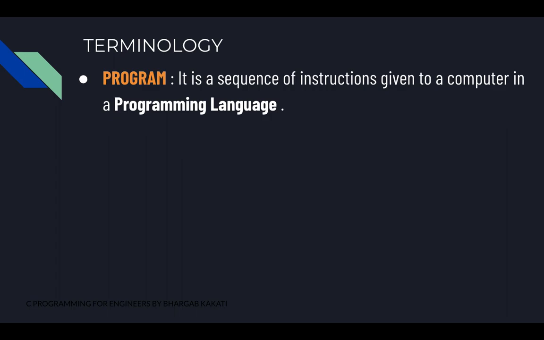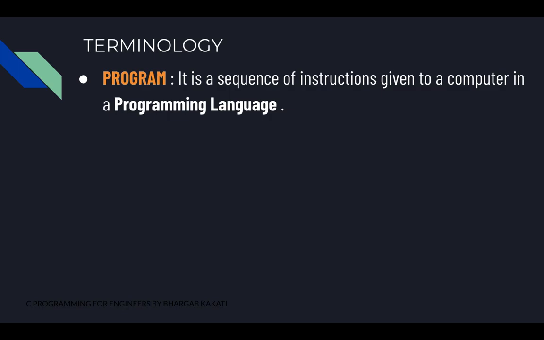Now, what is a program? It is a sequence of instructions given to a computer in a programming language. If we need to interact with the computer, we need to give it some instructions. For giving instructions to a computer, we need the help of a language.